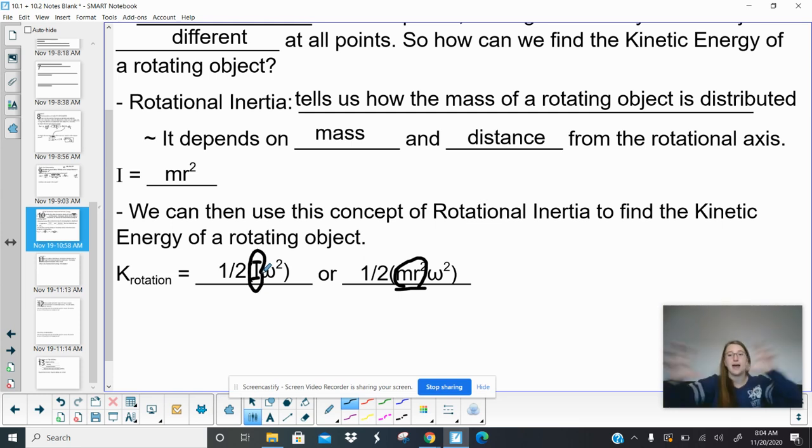It tells us how the mass of that object is distributed as it's rotating. So keep in mind, we can look at this two different ways. If we know the mass and we know the distance from the center, we can plug it in like this. If we know rotational inertia right away, if they tell us that, then we can just go straight to plugging it in here, but you'll see that in the examples.